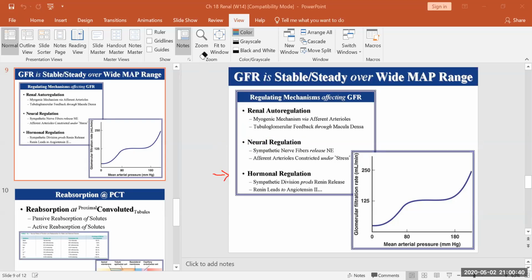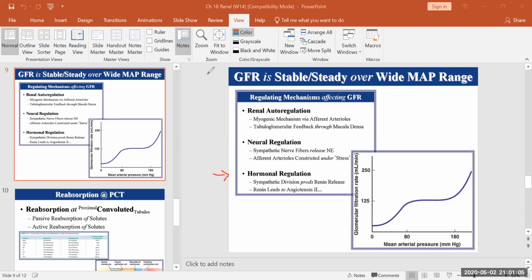And then the third mechanism is hormones. The endocrine system releases renin, and this is one of the most beautiful, most powerful signaling cascades, leading to the production of one of the most powerful vasoconstrictors.